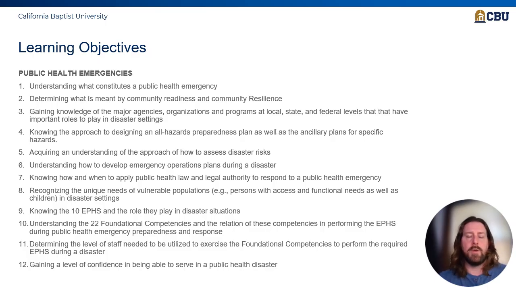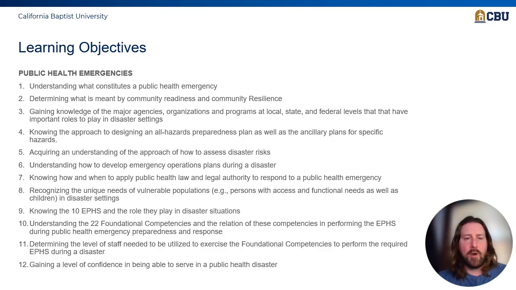How do we define what that means? And typically, within our operations planning, how do we decide when a community is ready and resilient enough to withstand and deal with disasters as they are presented?